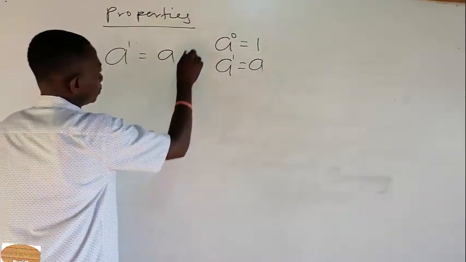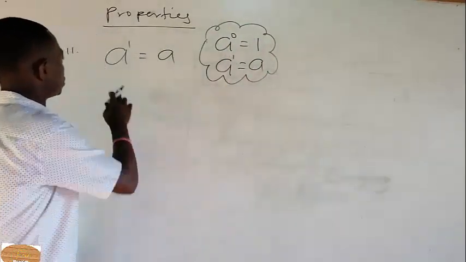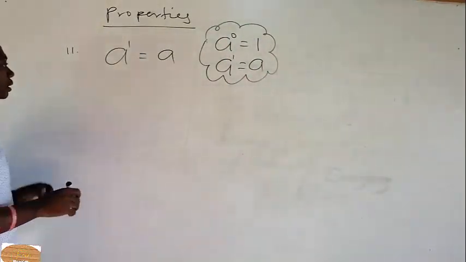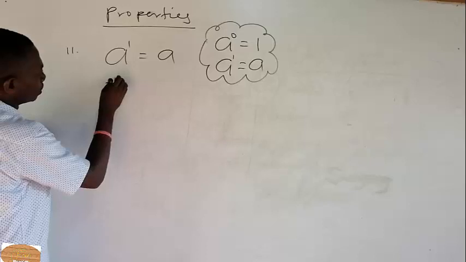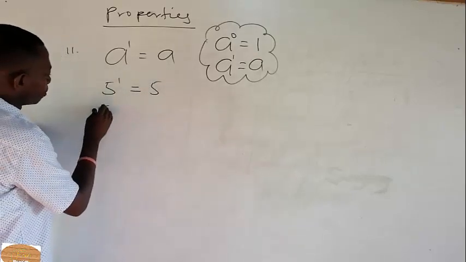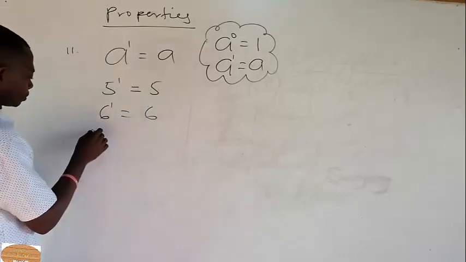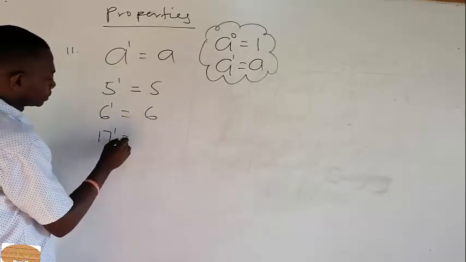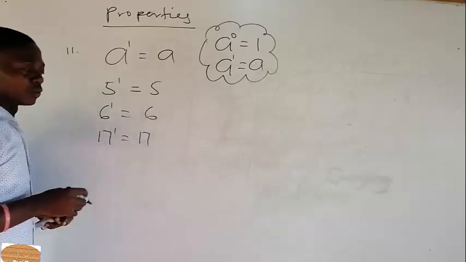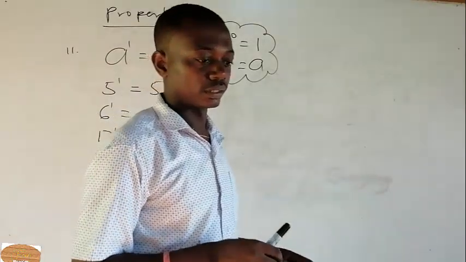So 5 to the power 1 is 5. 6 to the power 1 is also 6. So 17 to the power 1 is 17. Alright, so that's that. Let's move on to the next one.